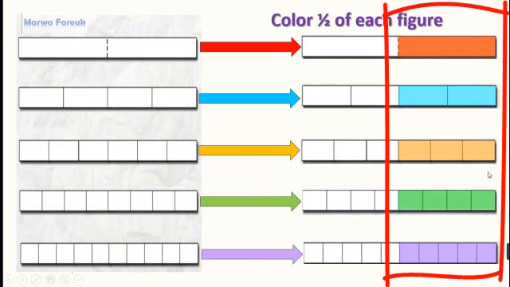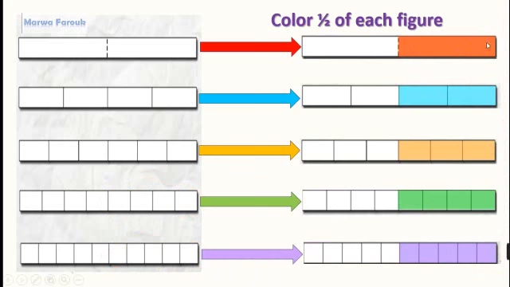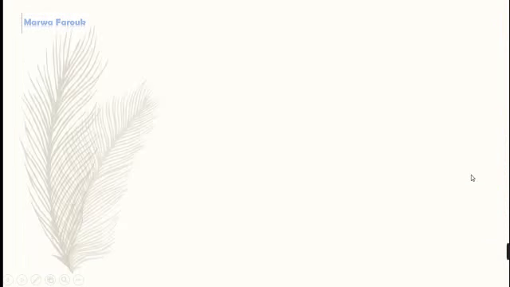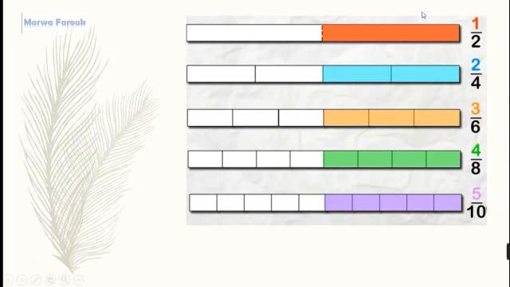Okay. But here we colored only 1, here 2, here 3, here 4, and here 5. But they are all the same. After we colored them, here we colored 1 of 2. Here we colored 2 quarters or 2/4. Here we colored 3/6.